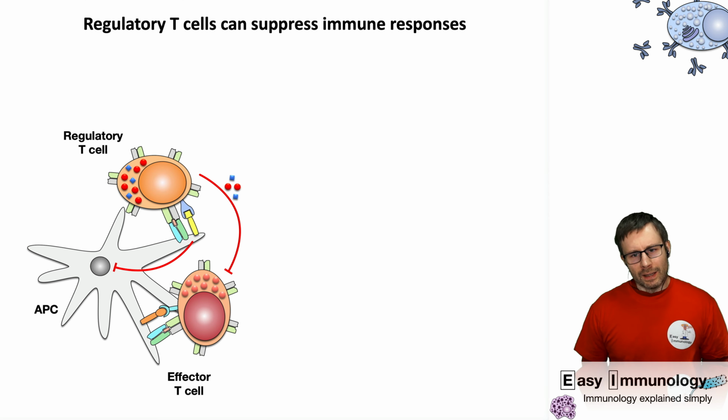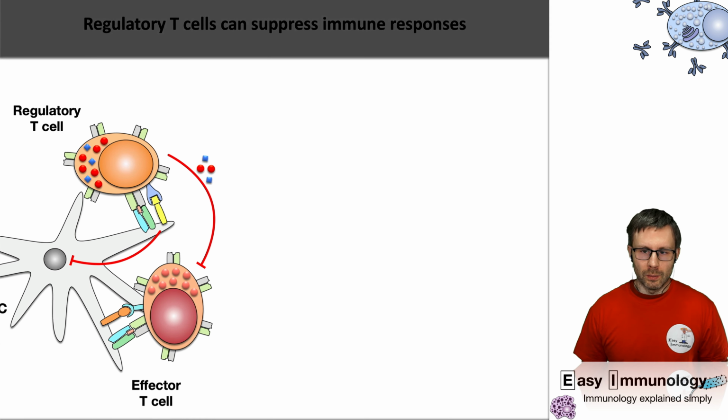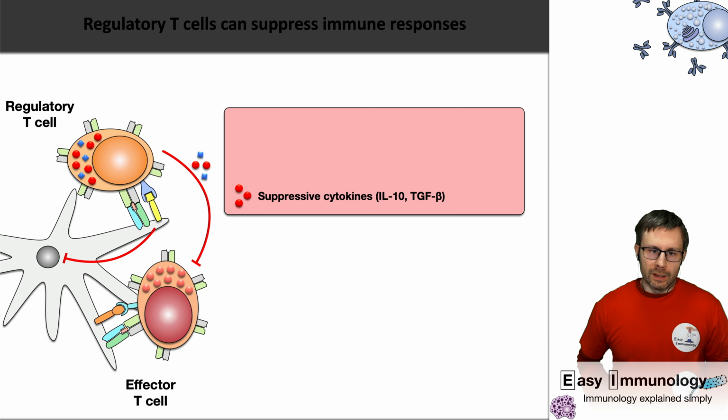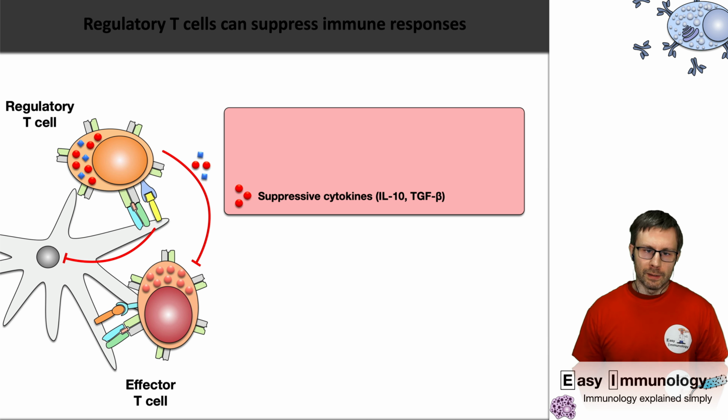In addition, the regulatory T cell, which is a subtype of the CD4 positive helper cells, as we learned, can also produce cytokines, so small soluble messenger molecules, and they are also suppressing the T cell activation. And they do this in two ways. First, we have suppressive cytokines, and examples are interleukin 10 or transforming growth factor beta, TGF-beta.